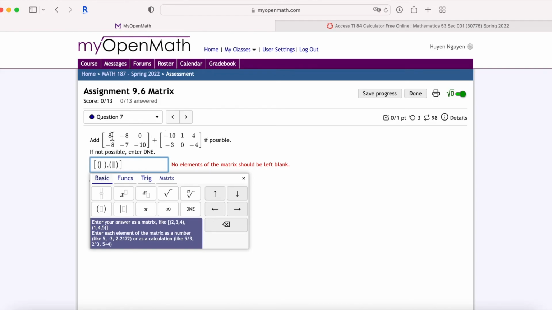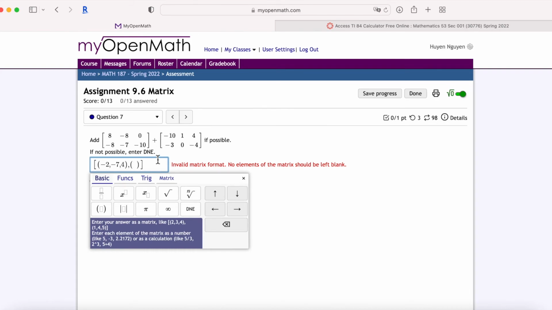So for the first row, I'll take 8 plus negative 10, that's negative 2, comma. Negative 8 plus 1 is negative 7, comma. 0 plus 4 is 4. That is my first row of my matrix.